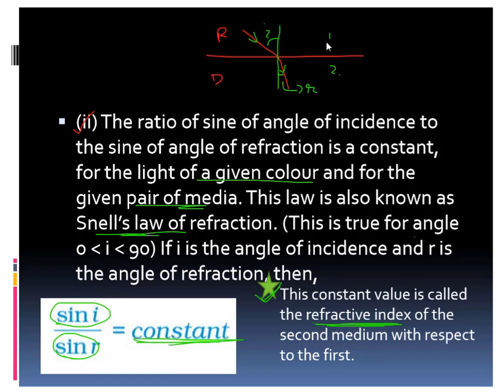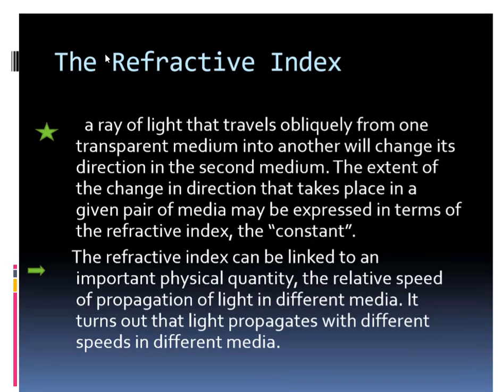See, refractive index of first medium with respect to second is different. Refractive index of second with respect to first is different. So when I say refractive index of second with respect to first, that means light is coming from first to second. If I say refractive index of first with respect to second, that means light is moving from second to first. Okay. Now here is our term, the refractive index.